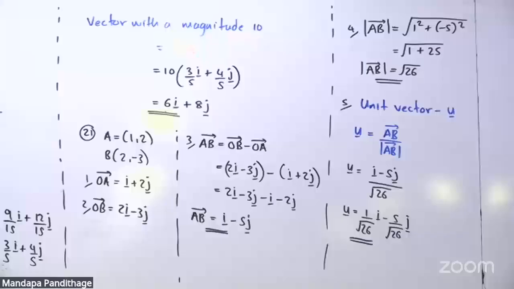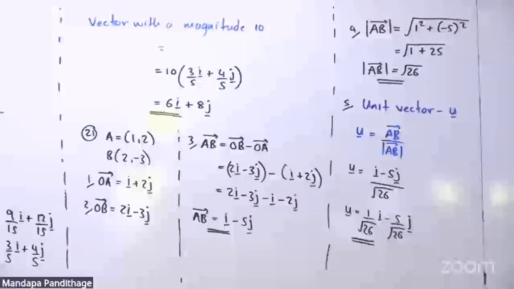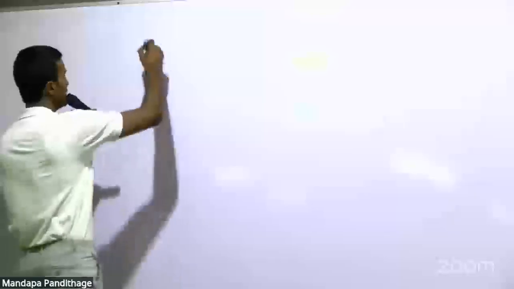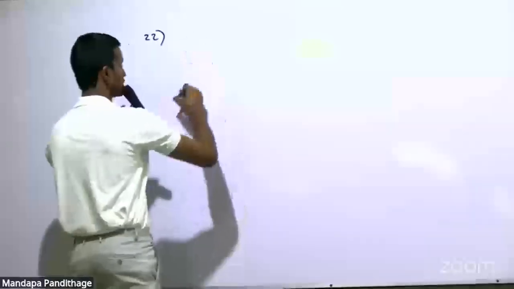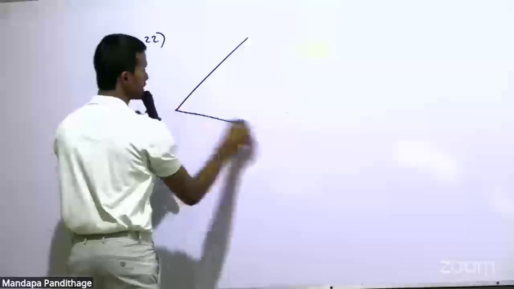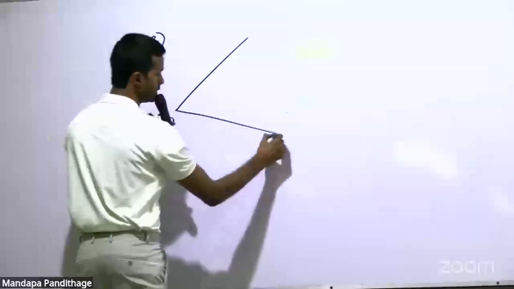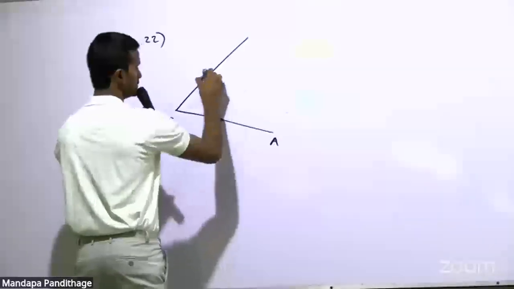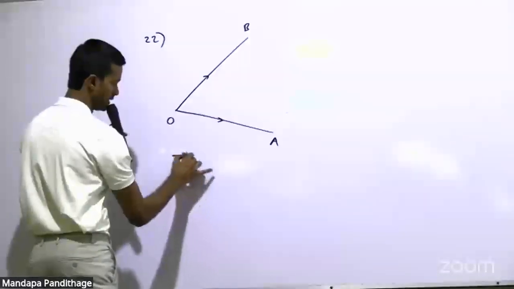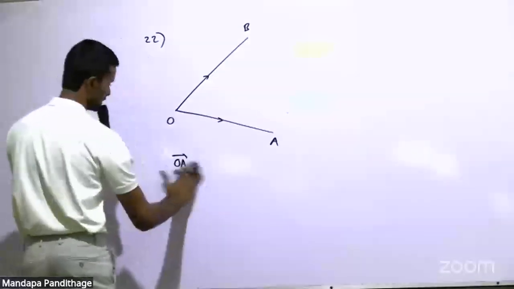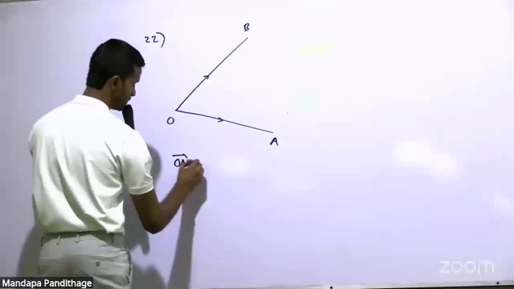Okay, so this is the same way we consider the vector addition. Now look at the board. This one is the same way that we considered vector addition since the first day. So we have two vectors, OA and OB, given in terms of the i, j unit vectors.